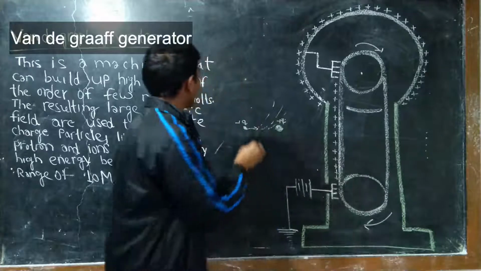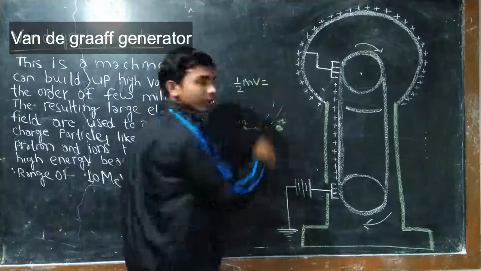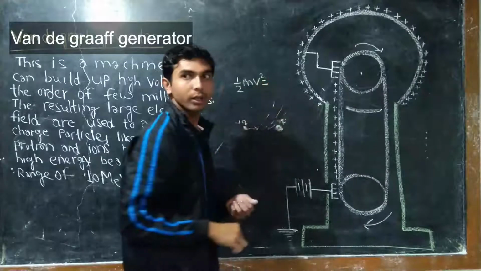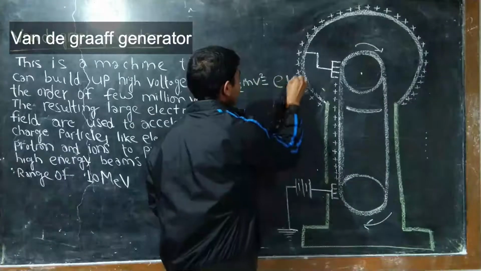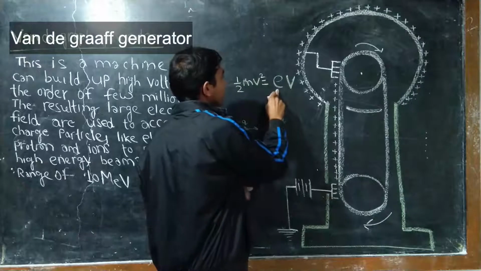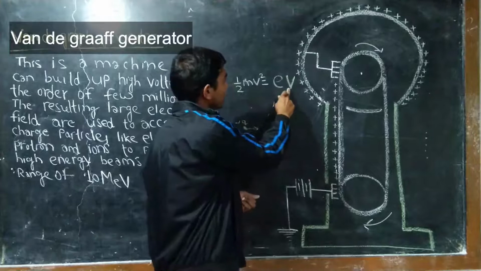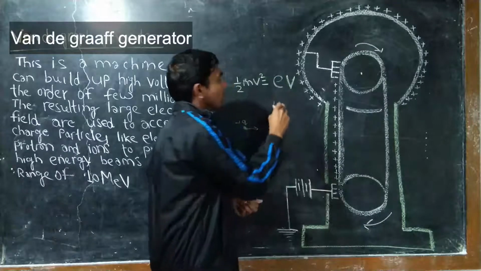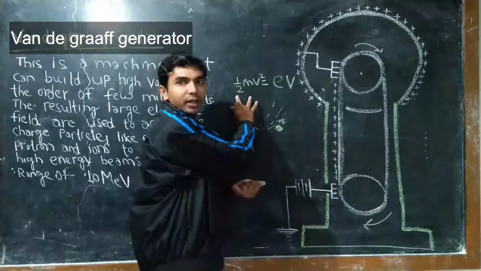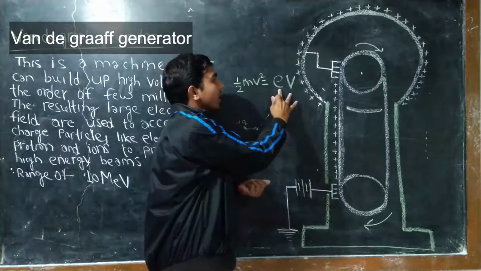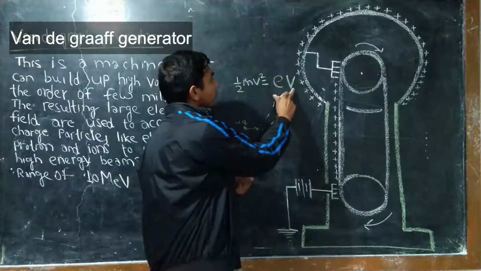You know kinetic energy is equal to half mv square, and potential energy is equal to E into V, where E is the charge on that particle and V is the potential. The charge is fixed, so to get higher speed we require higher kinetic energy, which is achieved by higher potential energy.